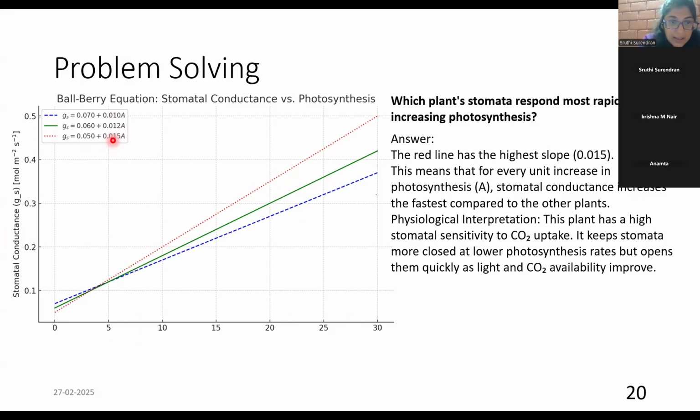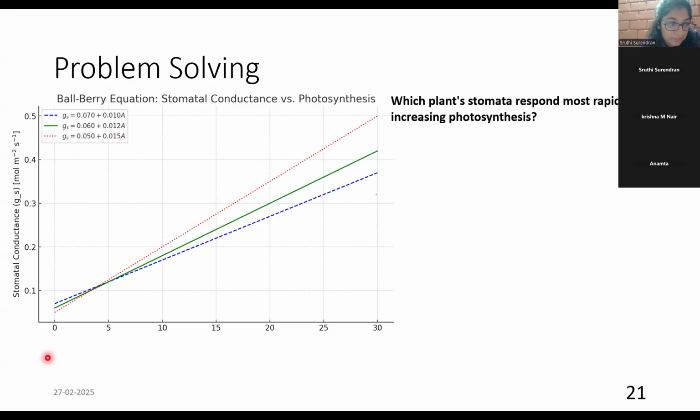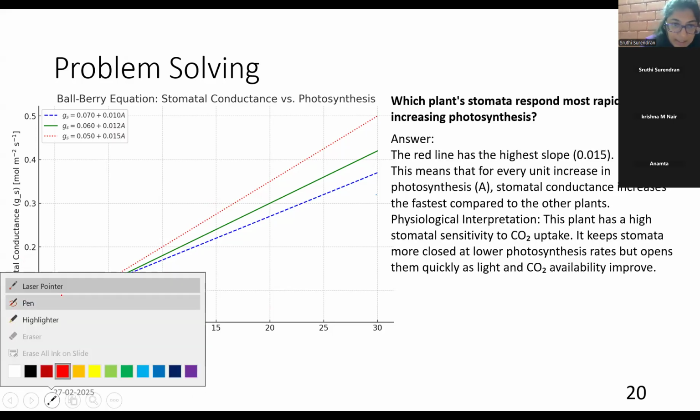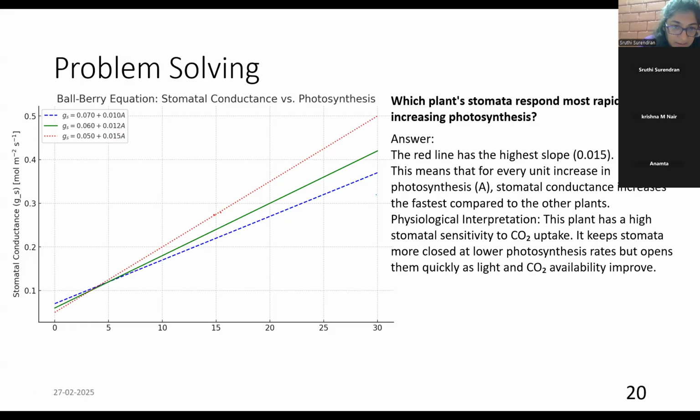So if you see between 15 and 20 values of photosynthesis, this is 15 and this is 20.